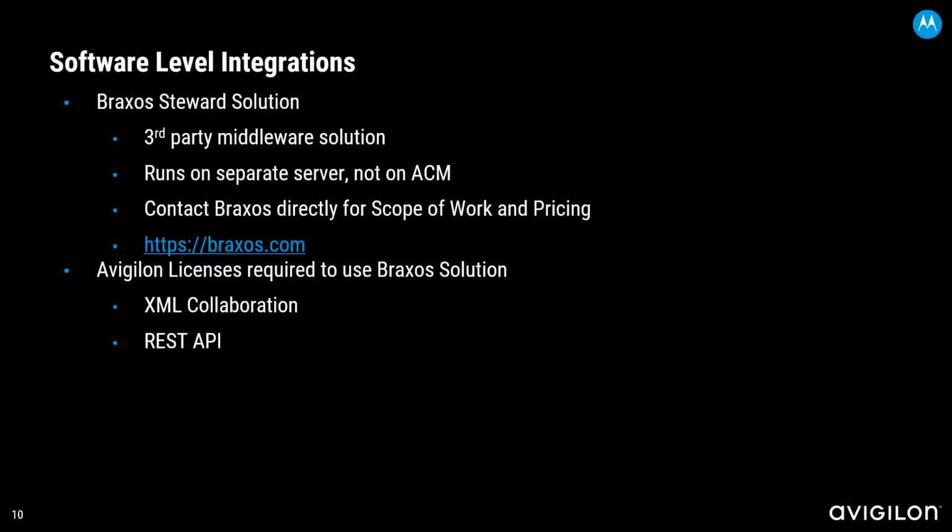I won't say that Braxos is the only solution out there, but they're one that has successfully integrated ACM with other elevator control systems. It is a third-party solution. It's not something that's resold through Avigilon, so you would work with them directly.